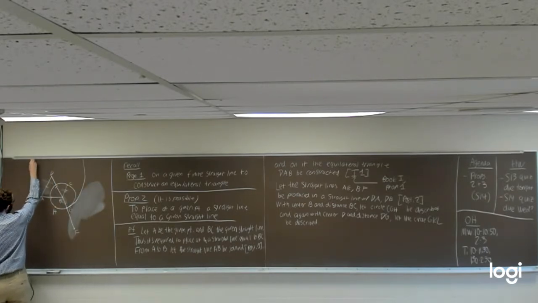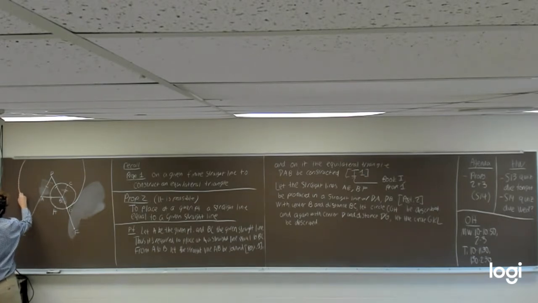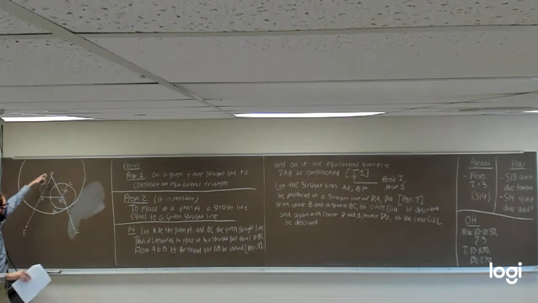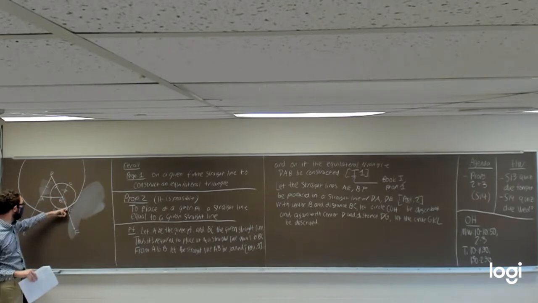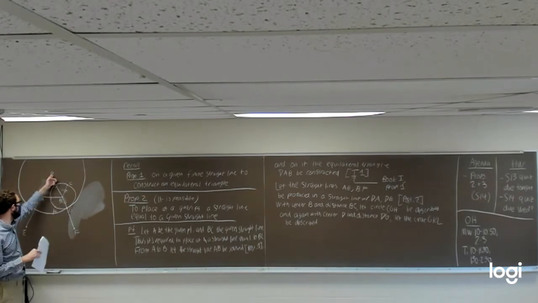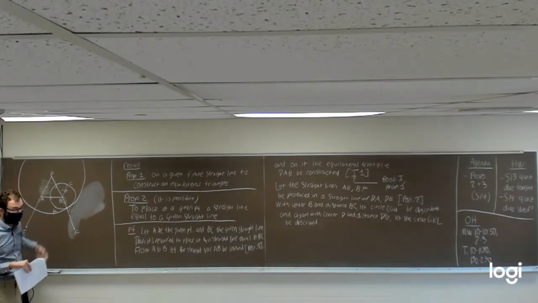This is a big circle. The circle is going to be centered at D and is going to pass through the point G. So all the points on this circle are the same distance away from D that G is.